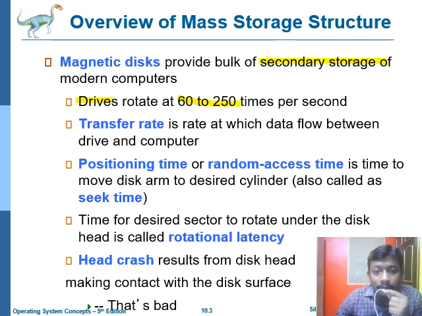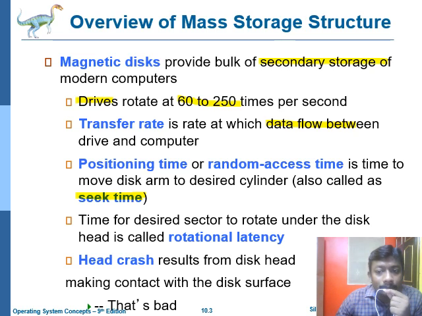The transfer rate of the disk is the rate at which data flows between the drive and the computer. Another factor is the positioning time or random access time, which we can also call the seek time.